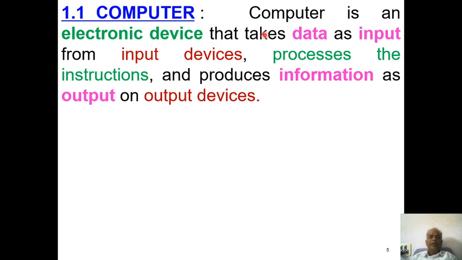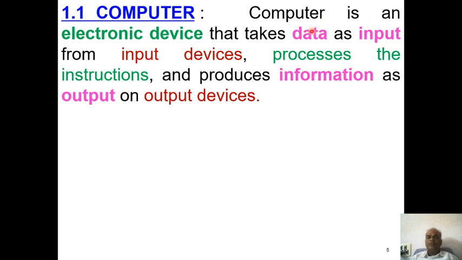A computer is an electronic device. I hope you all know the computer system. Nowadays, everywhere a computer is there. Wherever you go, a computer is there. The majority of the work is done through the computer system.